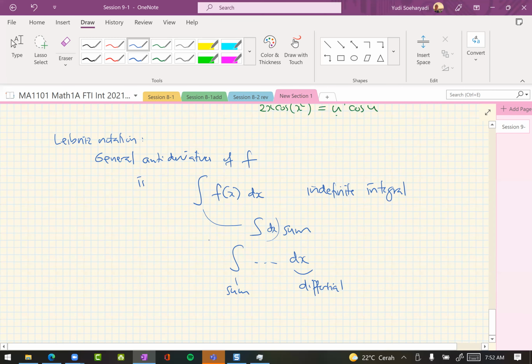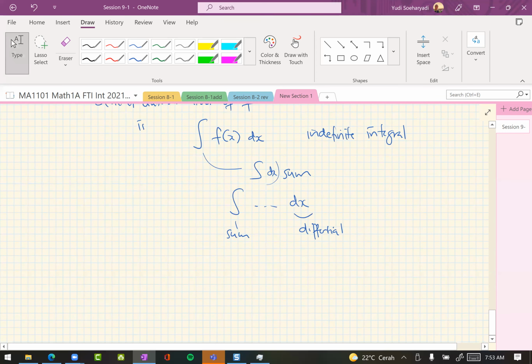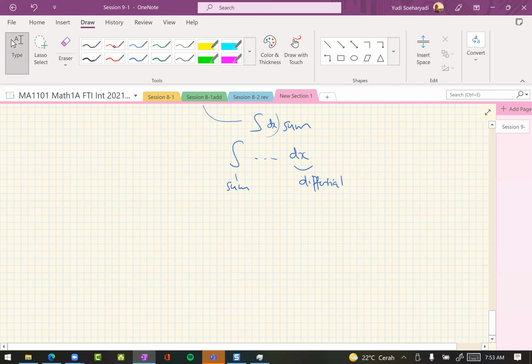Remember that a differential is a small thing. All right, so this is the indefinite integral. Using this notation, we have this rule here.